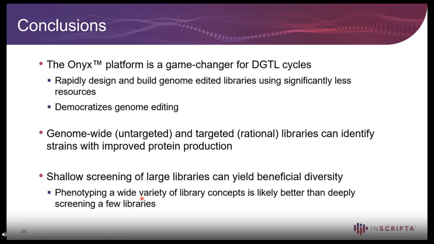Also, shallow screening of large libraries can yield beneficial diversity, in that phenotyping a wide variety of library concepts is likely better than deeply screening a few libraries, particularly when, in the next step, you want to start combining those, since they're potentially targeting different bottlenecks within the protein production pathway. Once you start combining those, you might be alleviating multiple bottlenecks and be able to obtain strains with significantly improved expression.